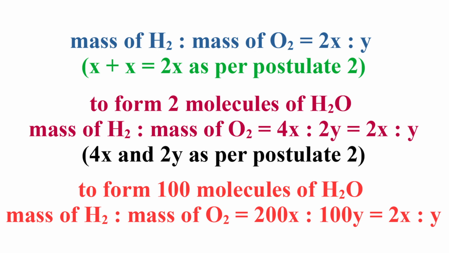To form two molecules, this ratio is 4x to 2y, which simplifies to 2x to y. To form 100 molecules, this ratio is 200x to 100y, which also simplifies to 2x to y.